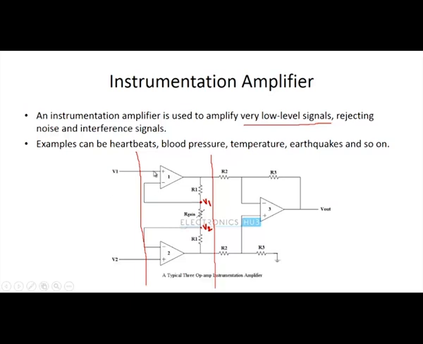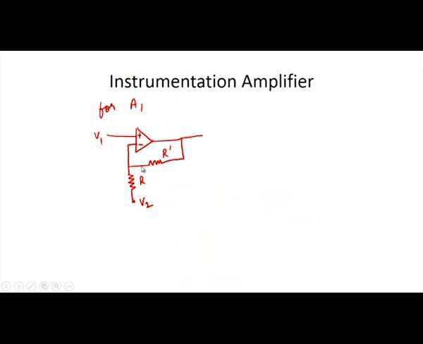So whatever the voltage seen by the positive terminal is also seen by the negative terminal. So here V1 is considered, and for the lower comparator at this node V2 is considered. And I have taken this resistance as R dash and this resistance as R. So the feedback resistance is R dash and the input resistance is R.